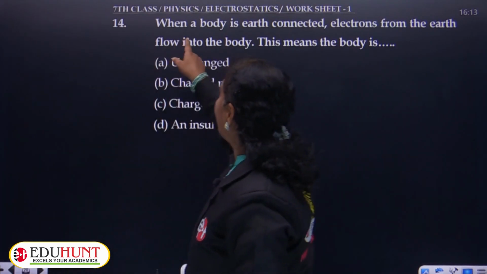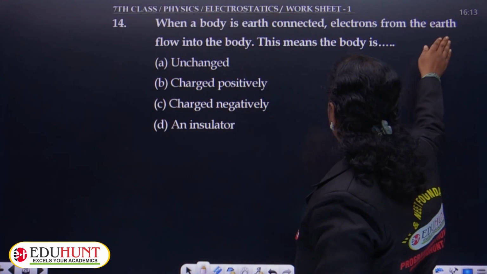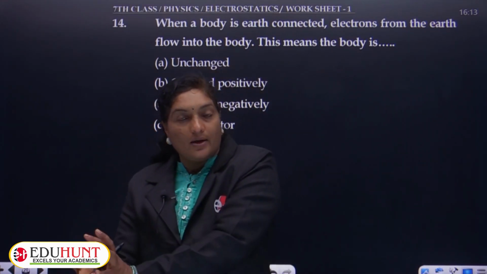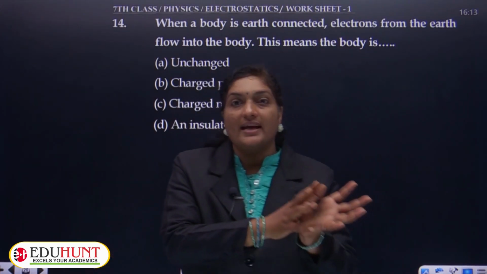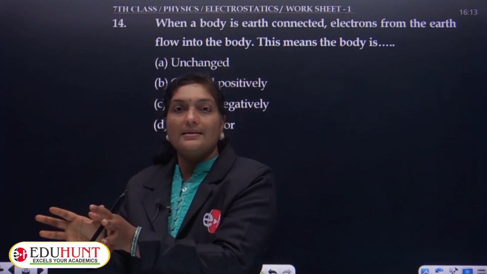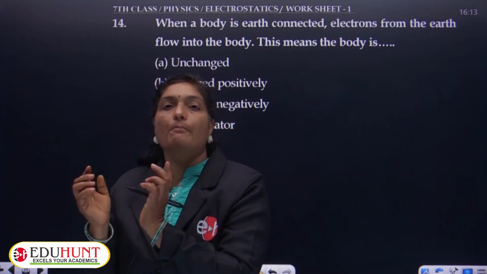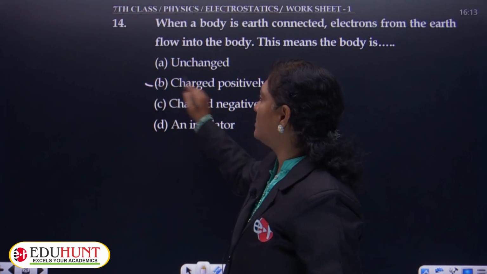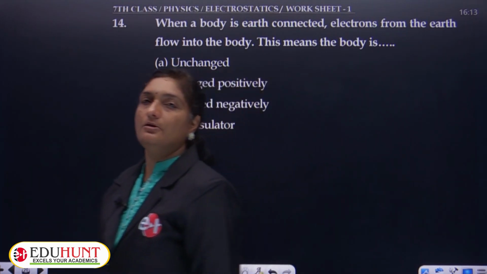So clearly, when a body is earth connected, electrons from the earth start moving inside the body. That means electrons get attracted to the body, which implies that the body is positively charged. Hence option B must be true.